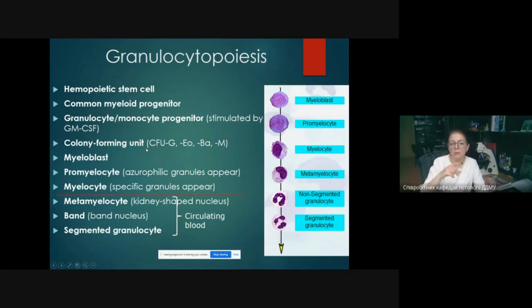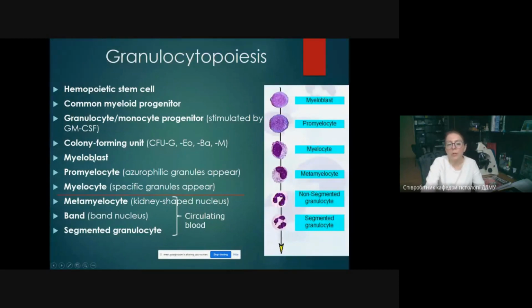And notice that we consider all granulocytes as developing according to the same algorithm, but starting from the colony forming unit, we have its own colony forming unit for every granulocyte. So its own unit for granulocyte, for eosinophils, for basophils, and for monocytes. Oh, I'm sorry, for neutrophils, eosinophils, and basophils. So they all derive from their own unipotential precursor. There is no common precursor for them all.